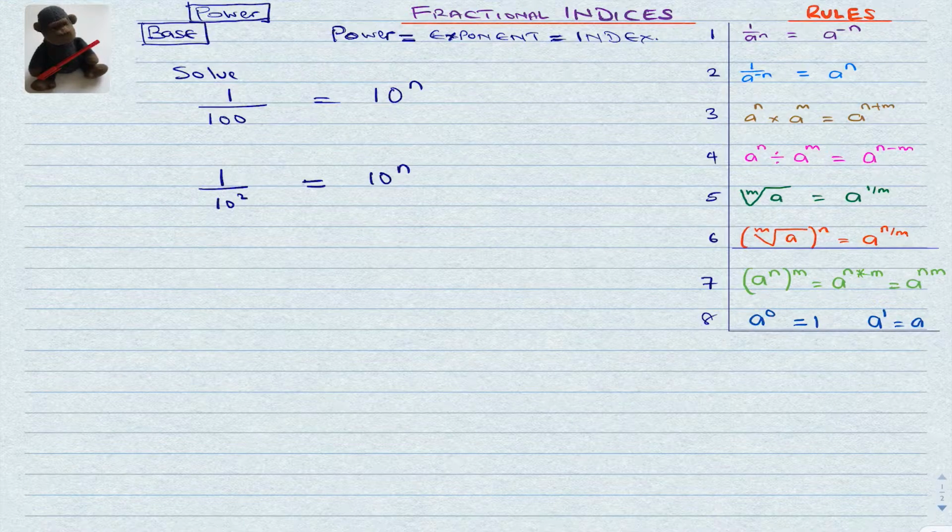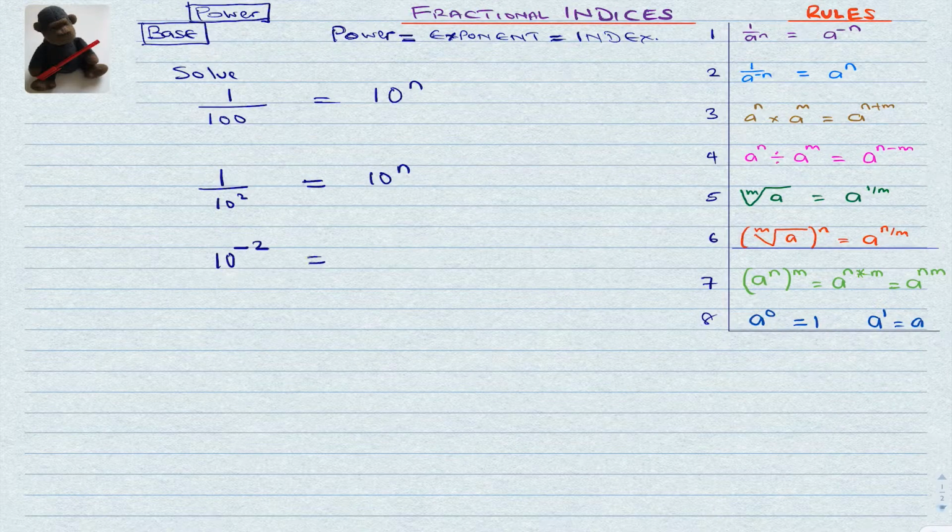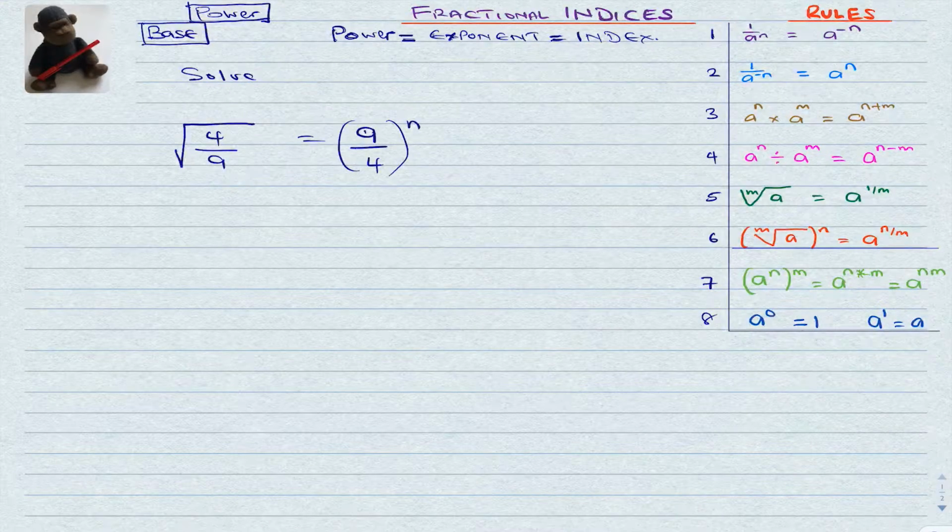Therefore, 10 to the power of 2 can be written in the negative power as 10 to the power of minus 2, and that equals 10 to the power of n. Which means, because they have the same base, there's an equal sign between them. Therefore, n equals minus 2. So that's straightforward.